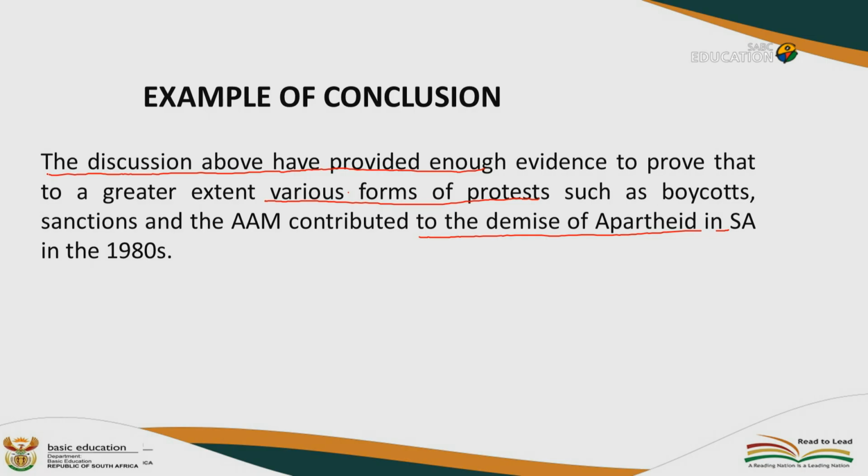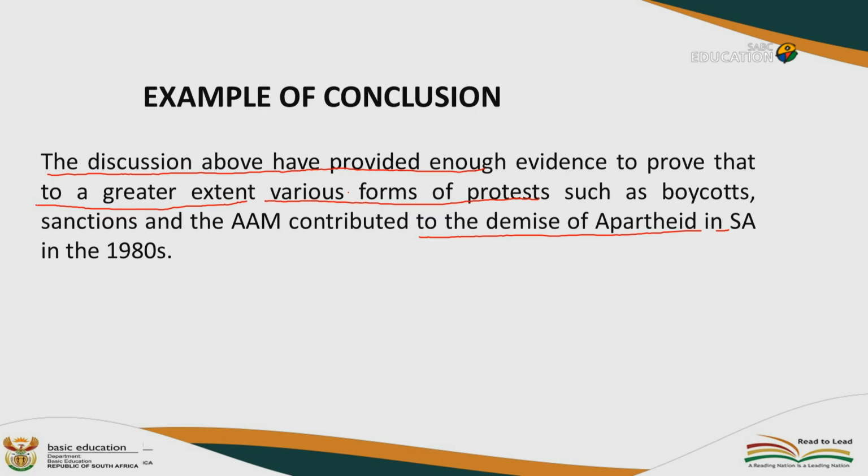Then it says the discussion above proved that to a greater extent, remember the stance that I have taken, to what extent were various protests? And I have said in my introduction, to a large extent. I emphasize in my conclusion the stance that I have taken as the second point.